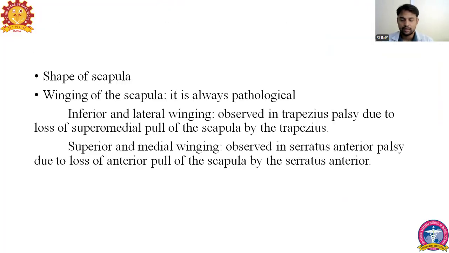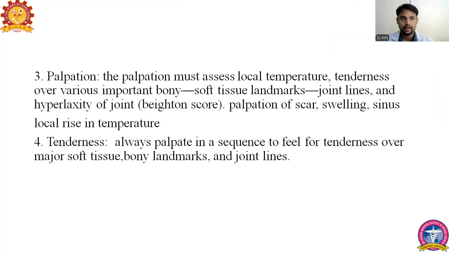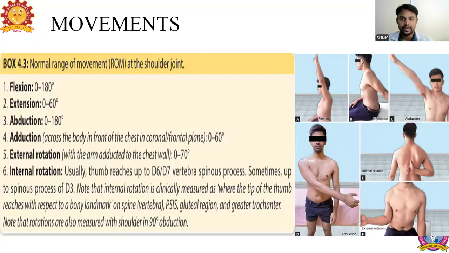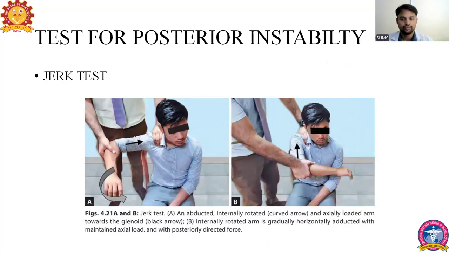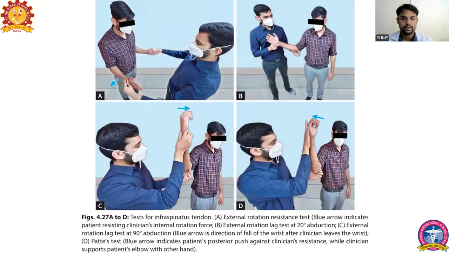For the teres minor and infraspinatus, their action is external rotation. So, what test are you going to do? It is called the Hornblower test. We should ask the patient to sit, abduct to 90 degrees and flex the elbow. You should ask them to do both hands like this.